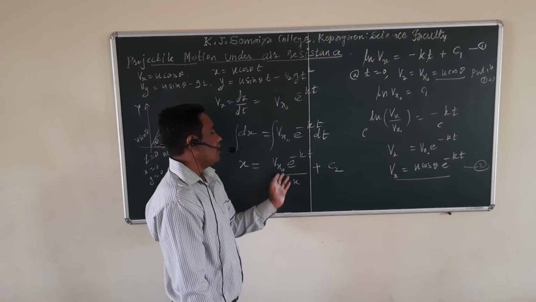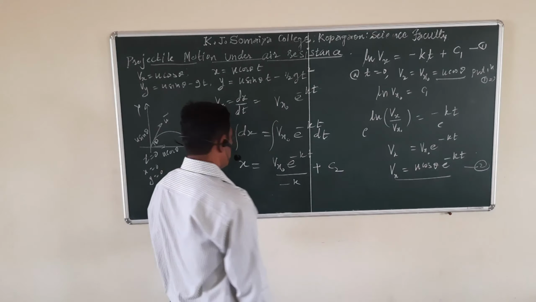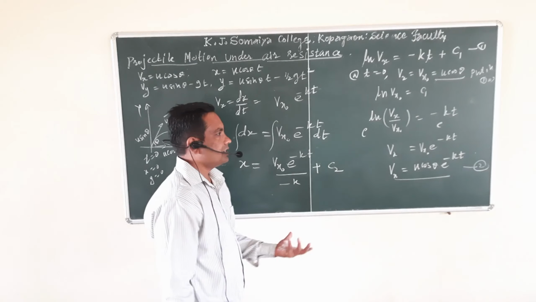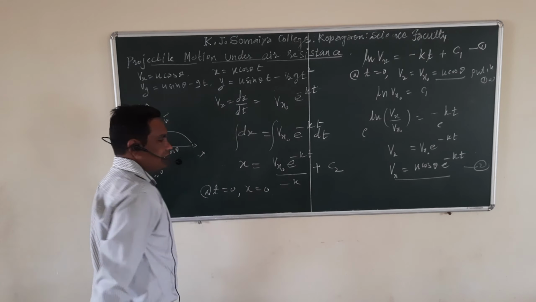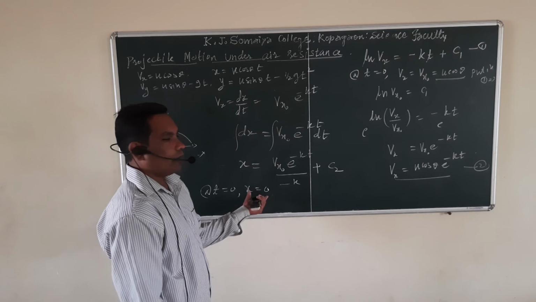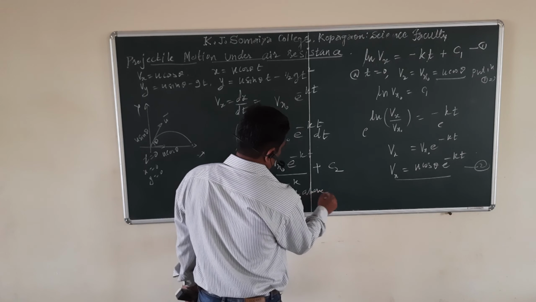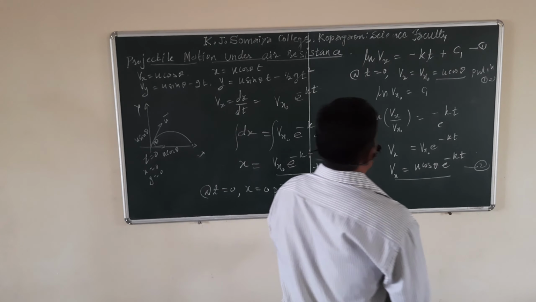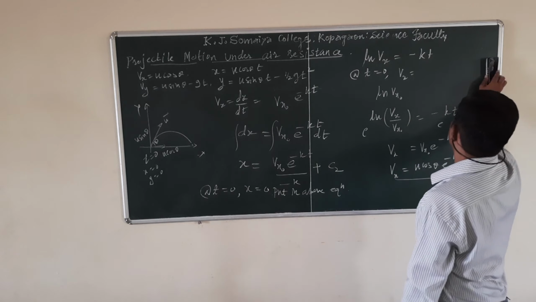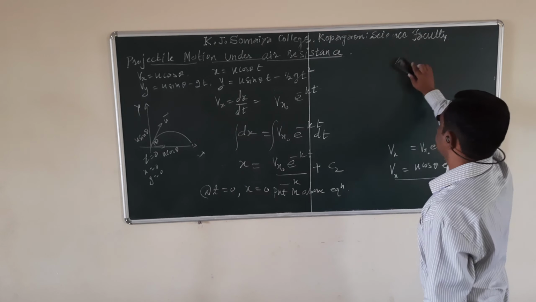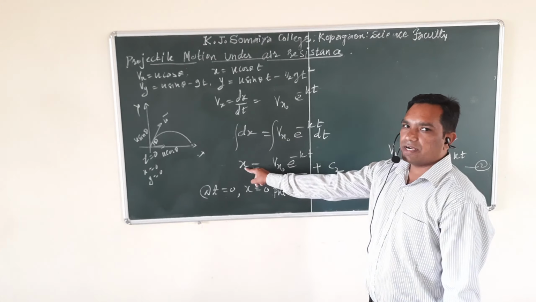Now, to find the value of c2, we have to plug in the initial conditions again. What are those initial conditions? At t equal to 0, the instantaneous x position is 0. So we can put this in the above equation. On the left hand side it becomes 0.